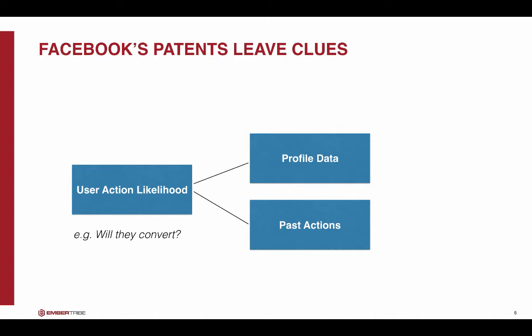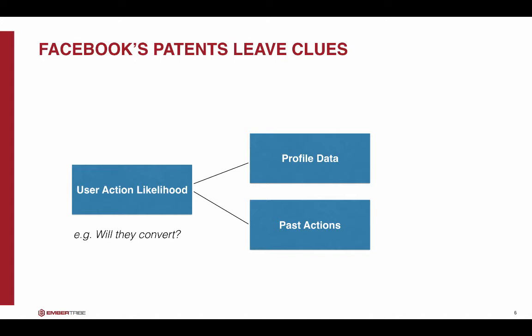The way that they get that score is they're looking at some of the explicit information on your profile: what they know about you as a user, your demographics, your interests, your behaviors, even some of the partner categories that they buy to understand more about maybe your offline behavior. And then past actions: the actions that you take on Facebook, what types of posts you react to, what you share, what you comment on, are you clicking on ads?